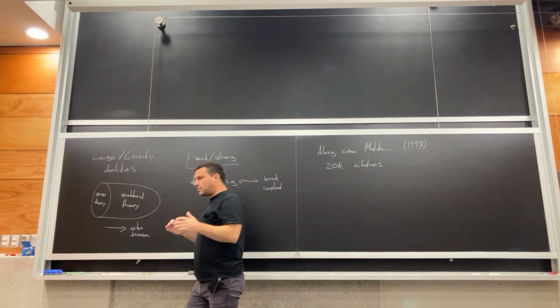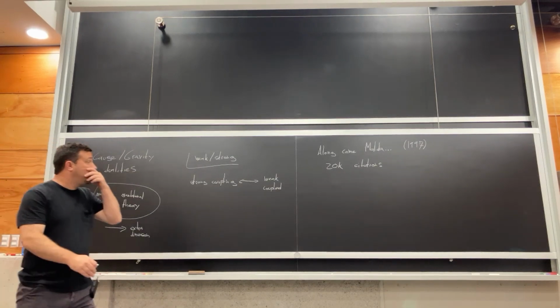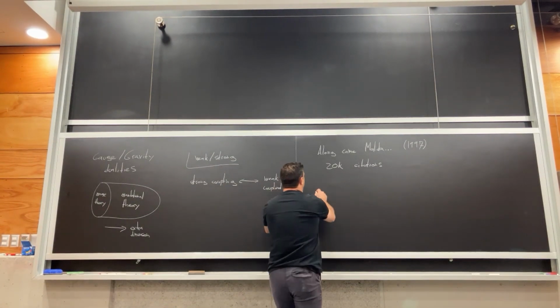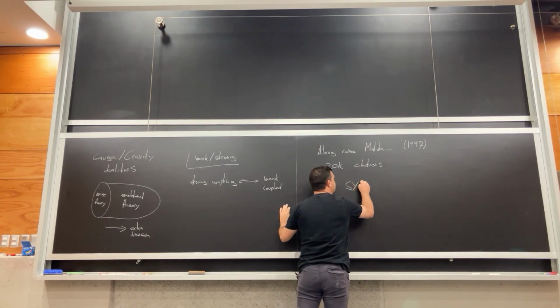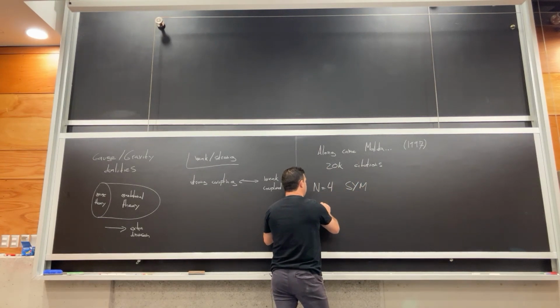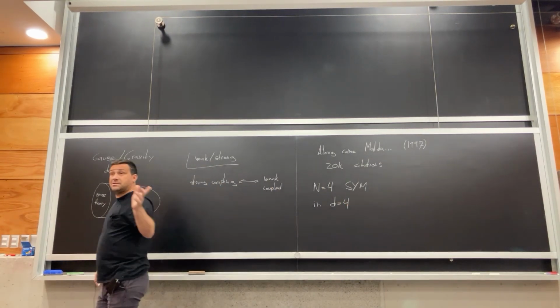And this was a very concrete proposal for holography that said that N equals 4 super Yang-Mills in D equals 4. So I'll explain what this theory is.